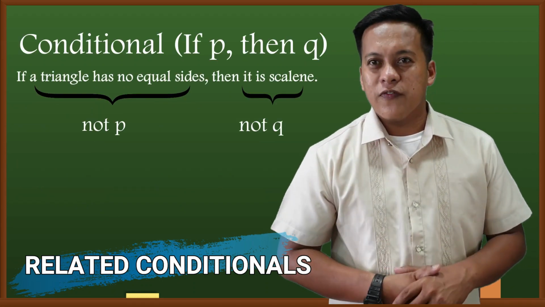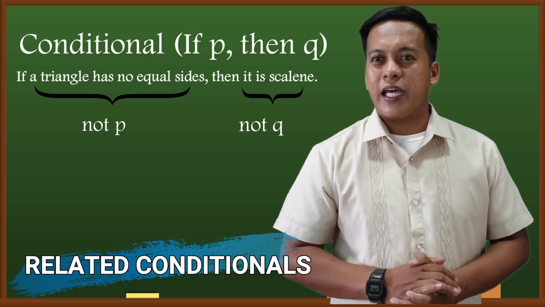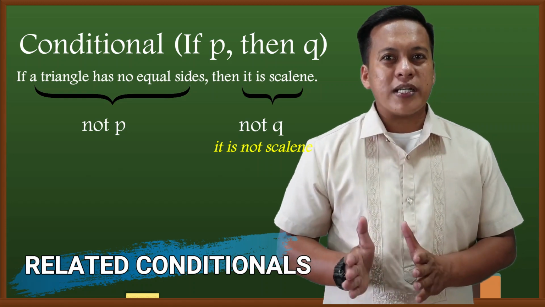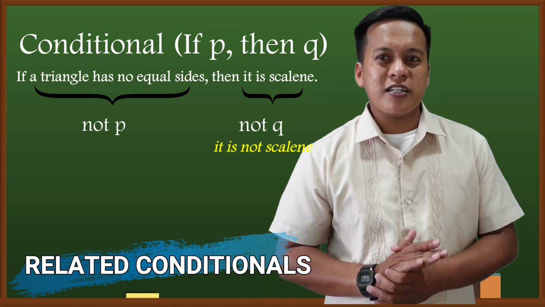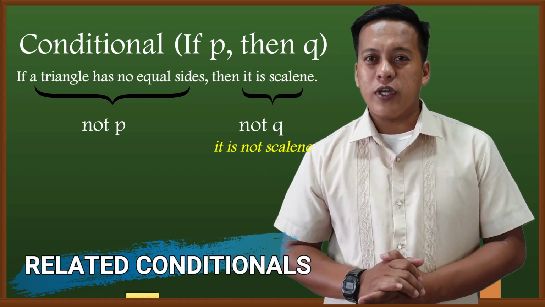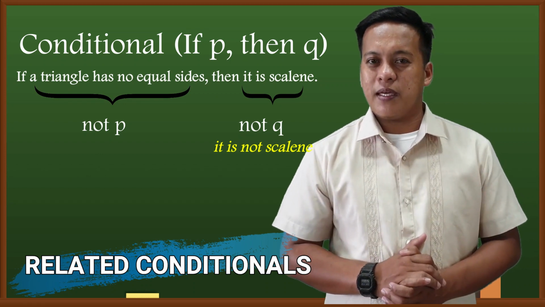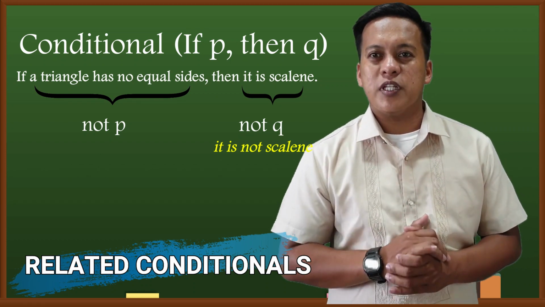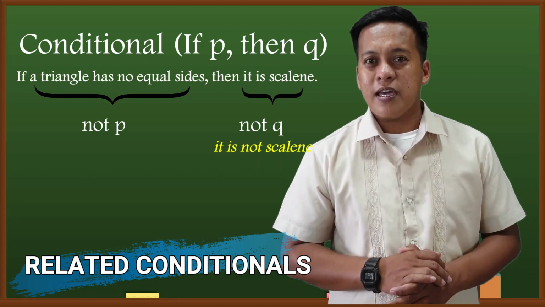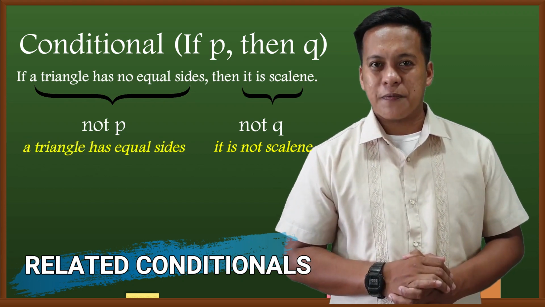Next is to get the inverse. At this point, P and Q will be negated. A problem that may arise is how we write not P because there is already the word no. Saying not no is incorrect. Thus, to get not P, simply remove the word no. Hence, not P is a triangle has equal sides.